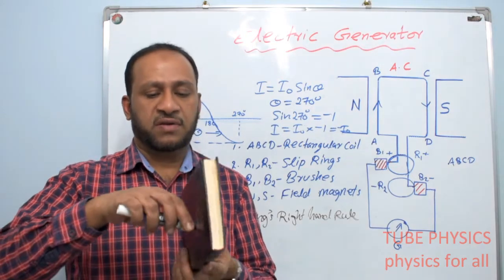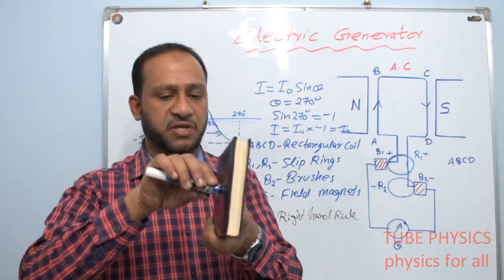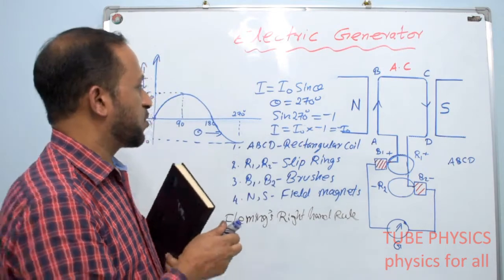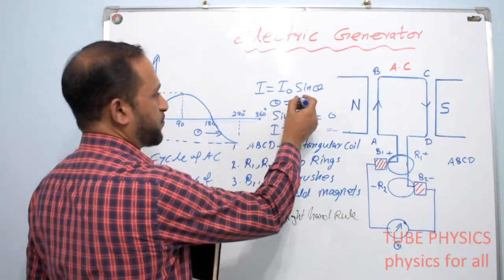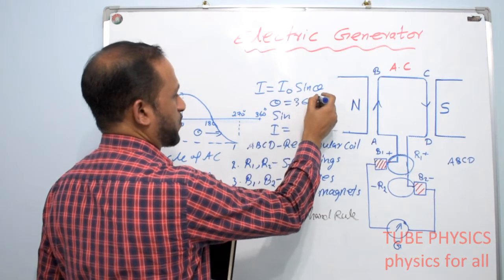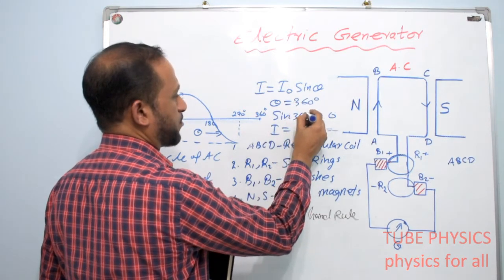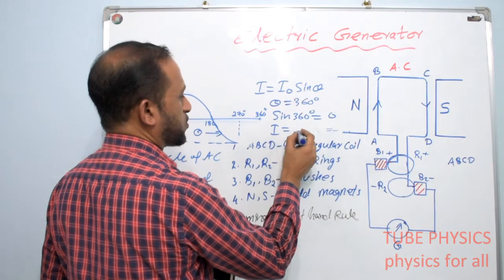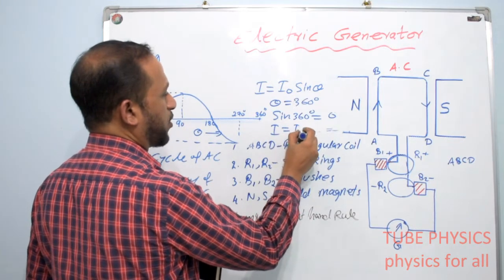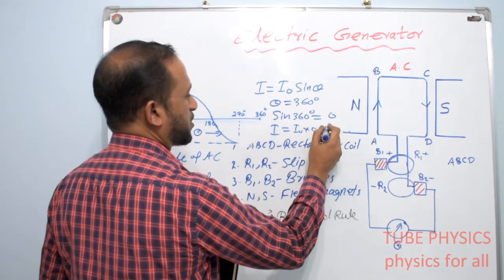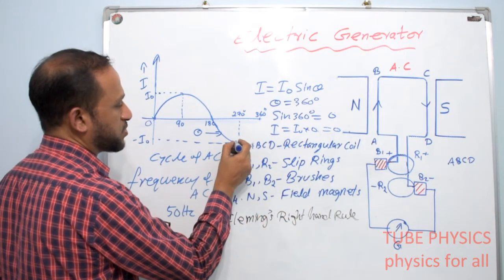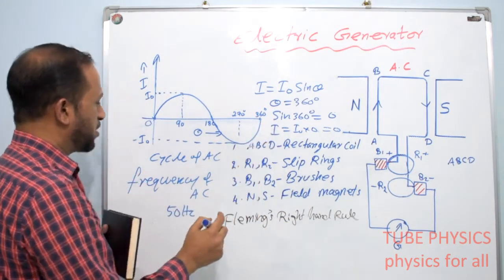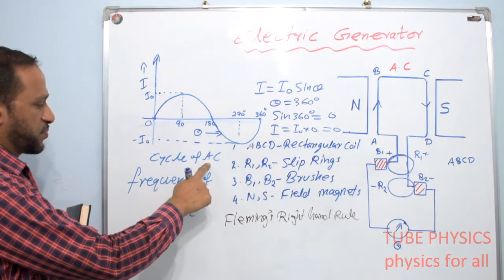Again it is rotating, completing one full rotation of 360 degrees, current comes back to 0, because when theta equals 360 degrees, sine 360 is equal to 0, so I is equal to I naught into 0, that is equal to 0. Means the current induced will come back to 0.